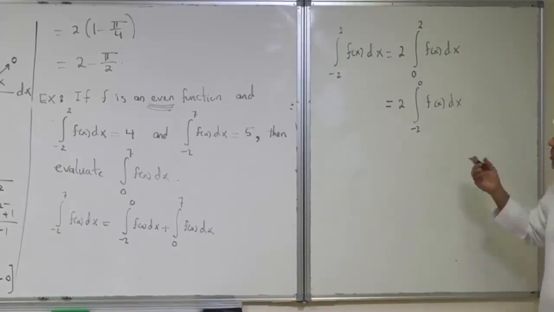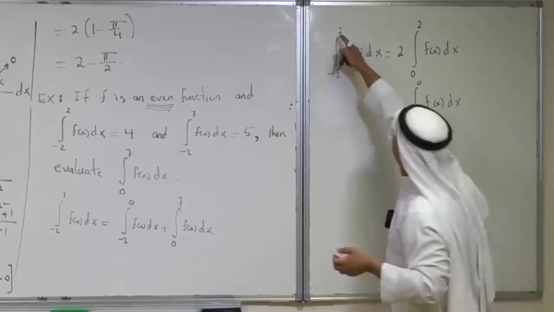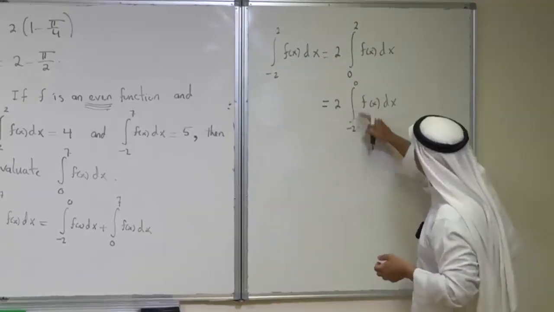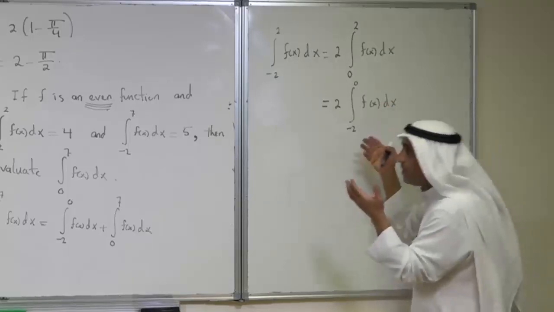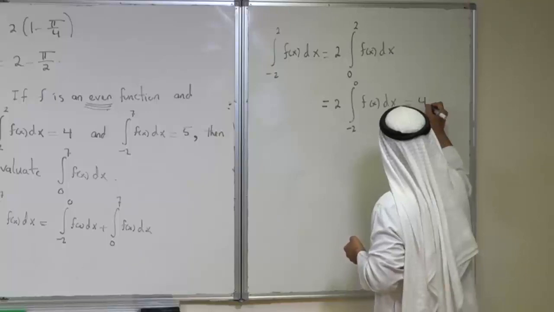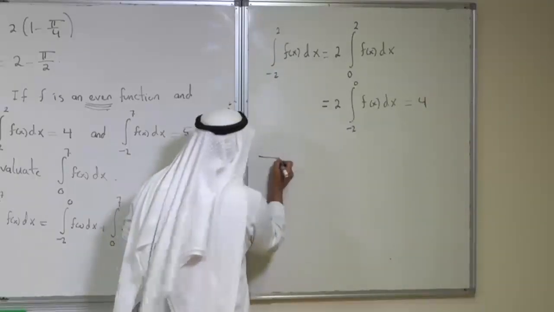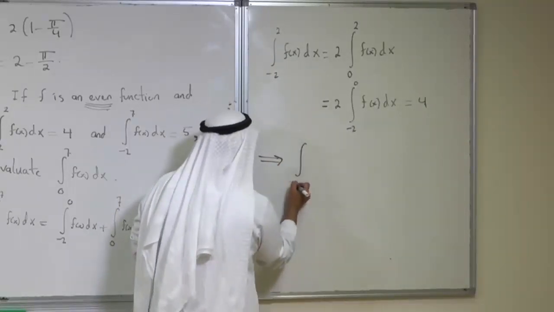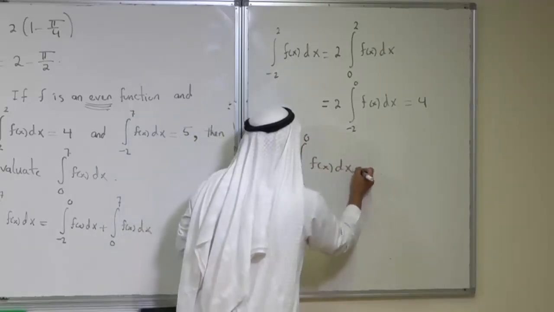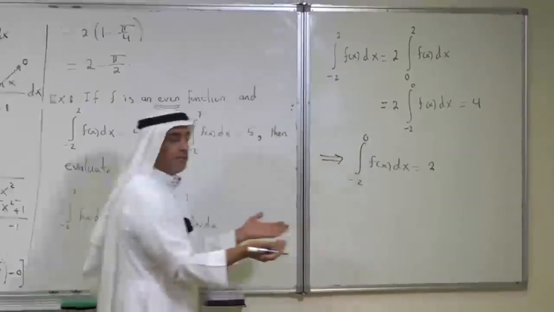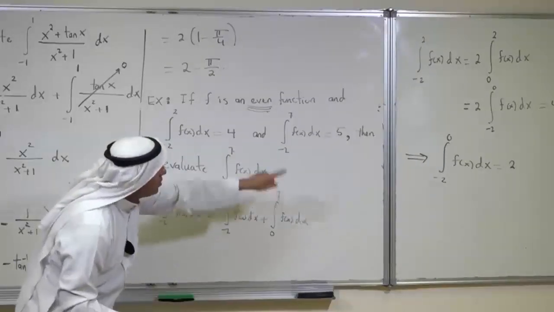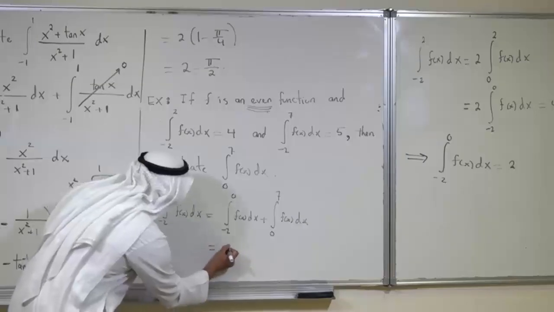And that's it. So what is given now? From -2 to 2, we can say it is equal to 2 times the integral from -2 to 0 of f of x dx. But this is given to be equal to 4. So this implies the integral from -2 to 0 of f of x dx is equal to 2. And that's what we need. Now I'm replacing the values.